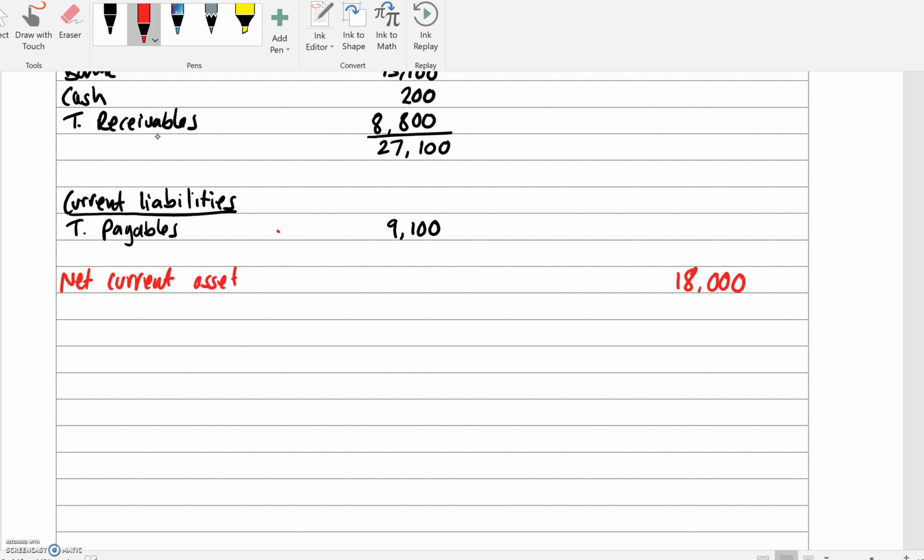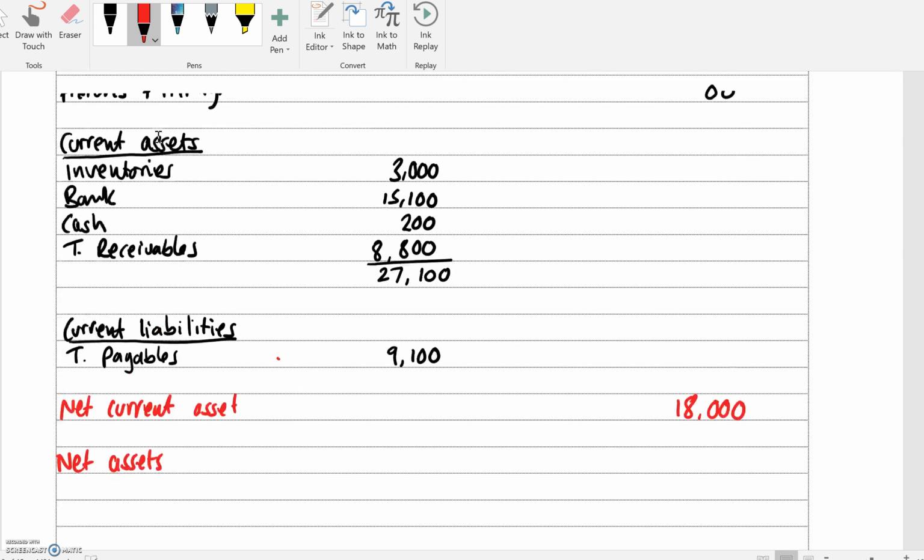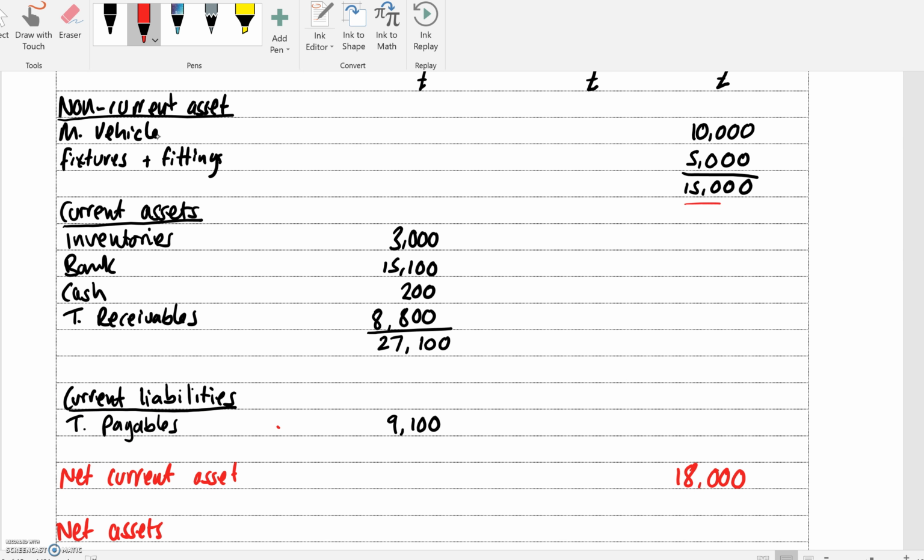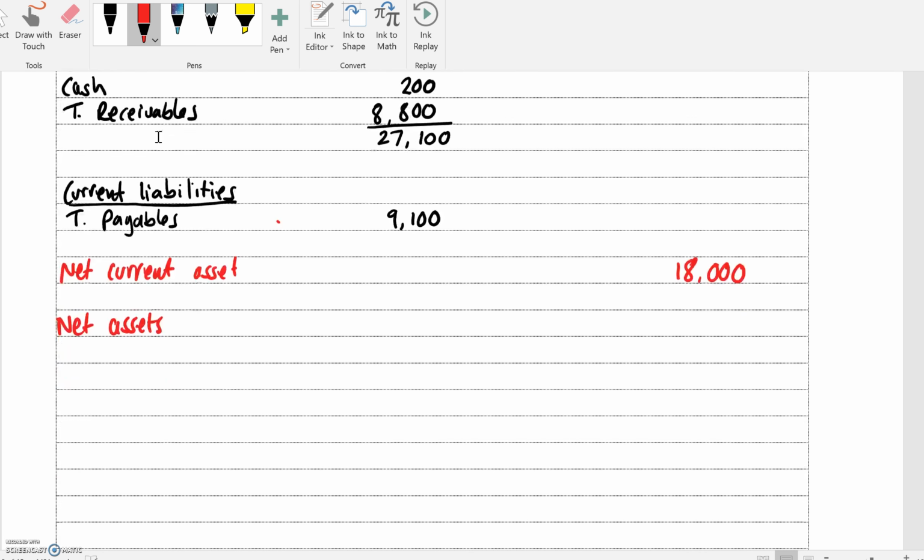And then you have net assets. This is your total assets that you have in the business, which is going to be 18,000 plus your 15,000 on top here, which will give you £33,000. That completes almost the top half of your balance sheet.